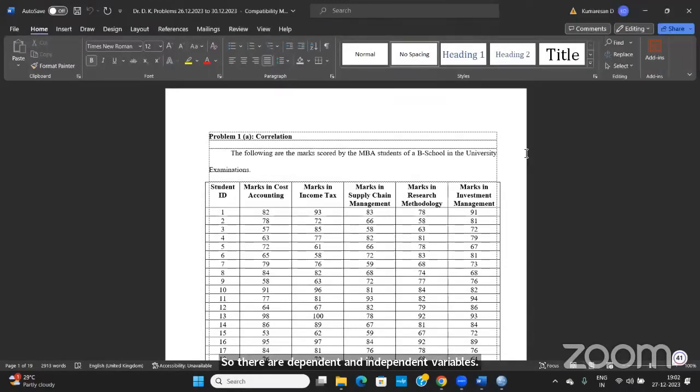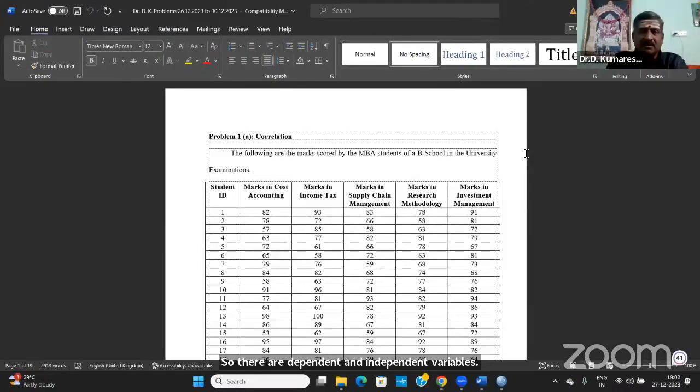What is simple regression? If we take only one dependent variable and one independent variable, so there are two variables only, one is dependent variable, another is independent variable, in that case, it is said to be simple regression.